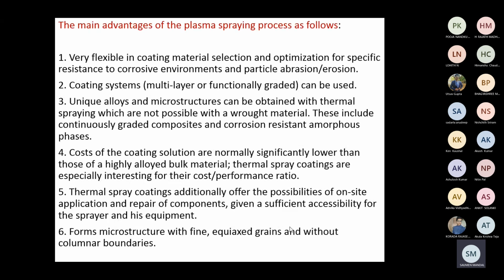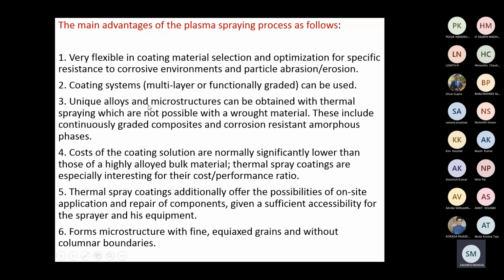What are the advantages of plasma spraying? Let's understand, because this is very important. It is very flexible in coating material selection and optimization for specific resistance to corrosive environment, particle abrasion and erosion. Coating systems like multi-layer or functionally graded can be used.